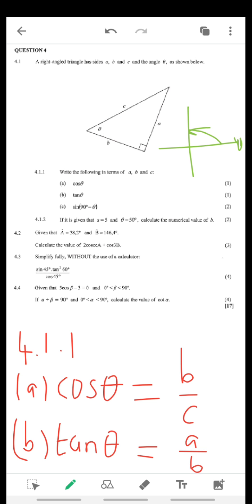But there is negative theta, meaning I must move clockwise theta degrees. Therefore, where will I be? I'll be in the first quadrant. You agree with me? Since I'm in the first quadrant, what do I know? In the first quadrant, all trig ratios are positive, meaning my answer should be positive.